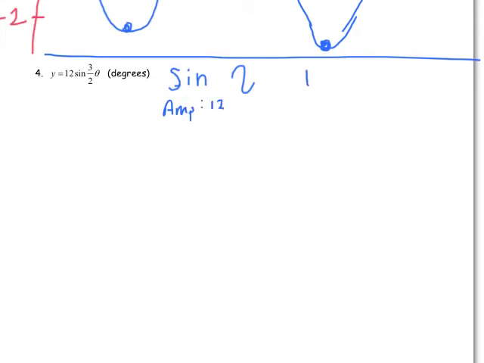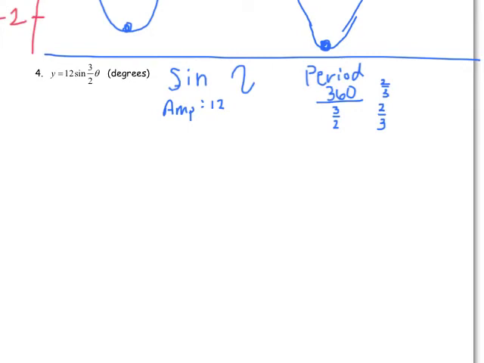Our period, back to degrees, is 360 divided by 3/2. I have to flip that to get rid of it, so that's 2/3. So your job right now is to do 360 times 2/3.